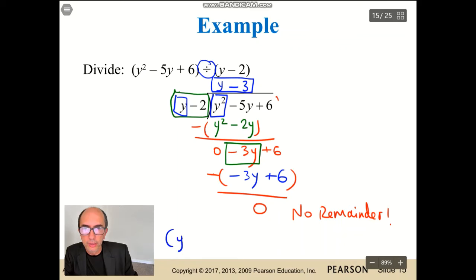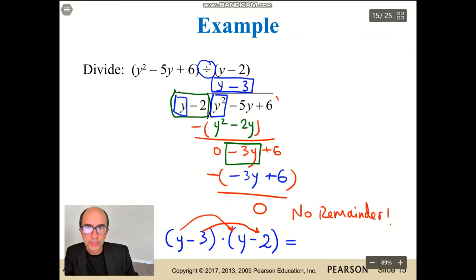You can check your solution by multiplying the result y minus 3 by the divisor y minus 2, and then you're going to find, after you perform the distribution and all the operations that you need to simplify, combine like terms and everything, the original expression y squared minus 5y plus 6, just to check and confirm you got the right answer.